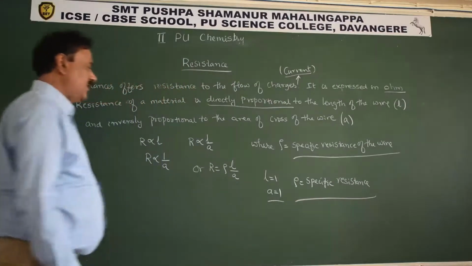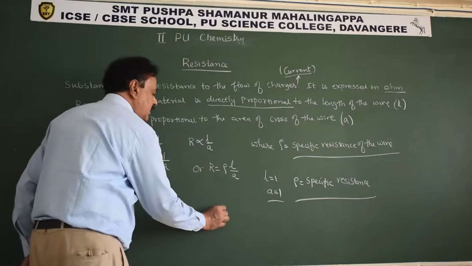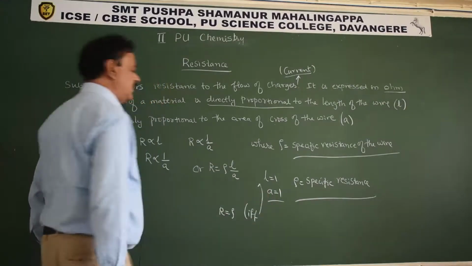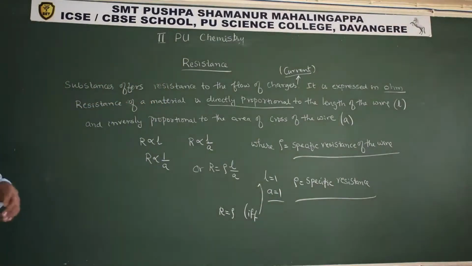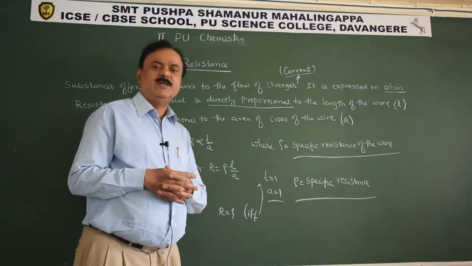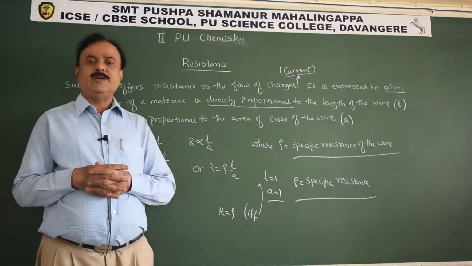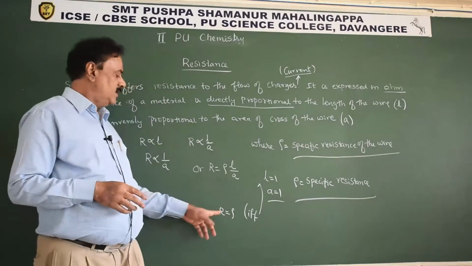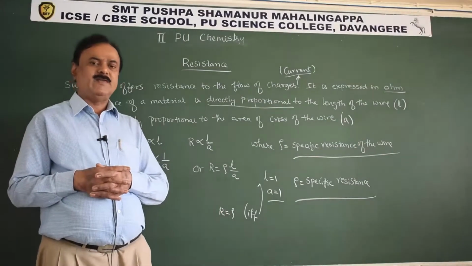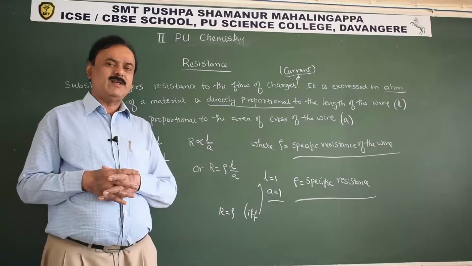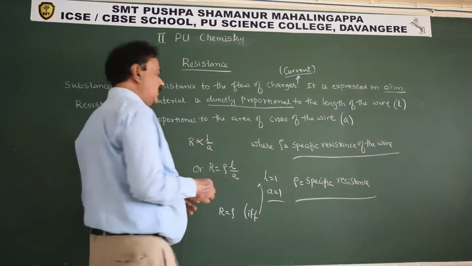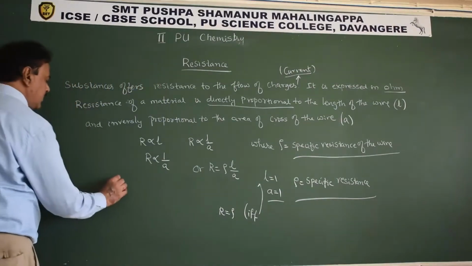Now what is the specific resistance of the wire? R is equal to rho if and only if L is equal to 1 and A is equal to 1. The specific resistance of the wire is the resistance offered by unit length of the wire with unit area of cross section, that is, a wire whose length is 1 meter and whose area of cross section is 1 square meter.